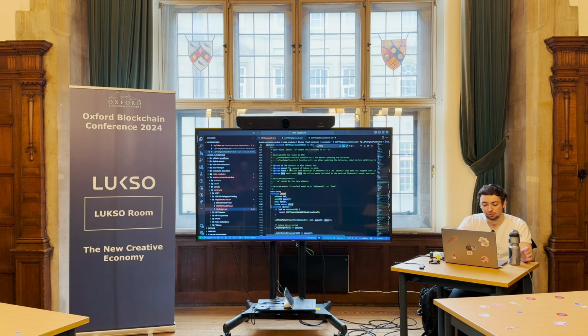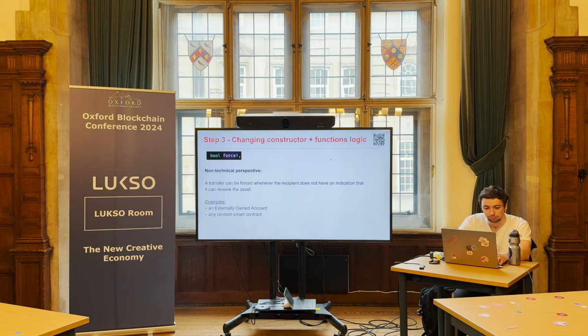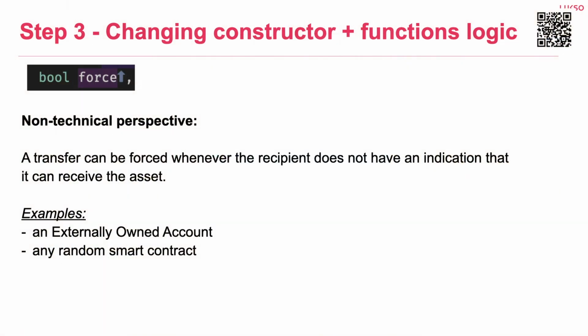So the force parameter, it means the following. From a non-technical perspective, in the LUKSO ecosystem we have to ensure that whoever we are transferring the token to can handle them.